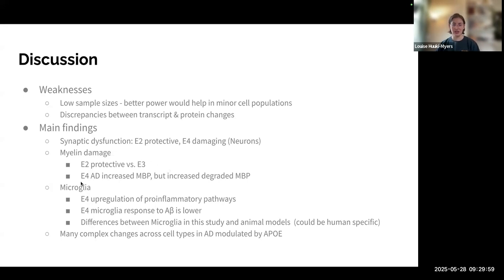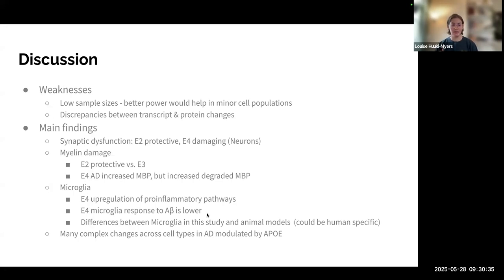And then this interesting note where E4 has an increase in AD-increased MVP, but it's a degraded MVP. And then microglia, finding those upregulations of pro-inflammatory pathways and perhaps this inadequate response in E4 microglia to alpha beta, making sense of that maybe counterintuitive result they got.